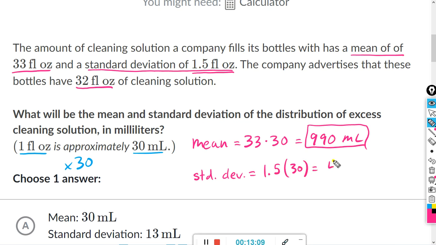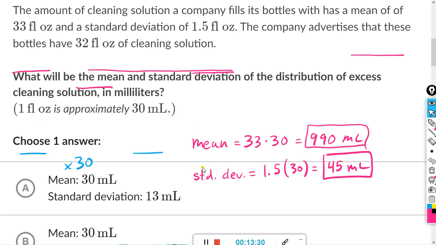And that's going to be 45. And the units are milliliters. Because mean and standard deviation both change when you multiply the data set, all you have to do is multiply those numbers by the constant that you're using. So we're looking for 990 and 45.